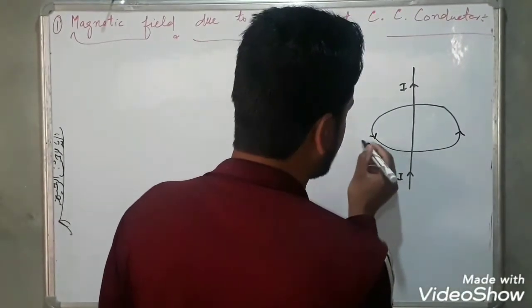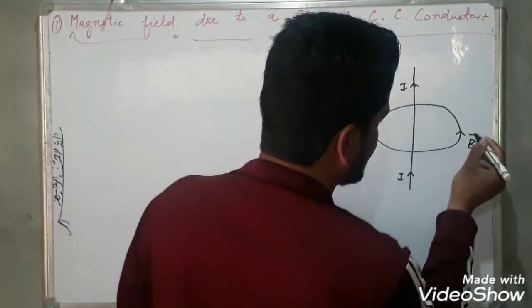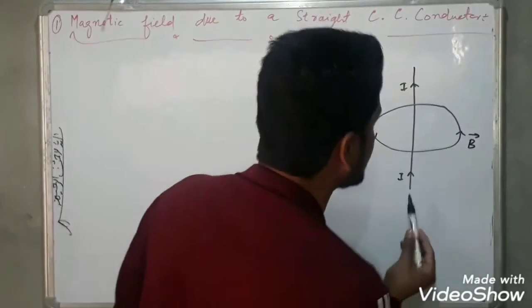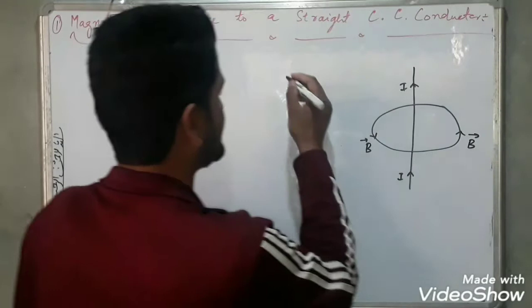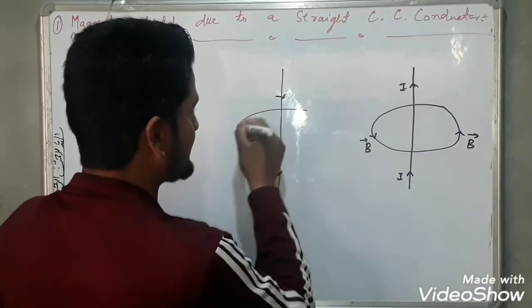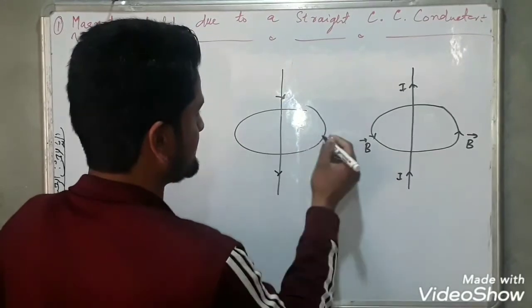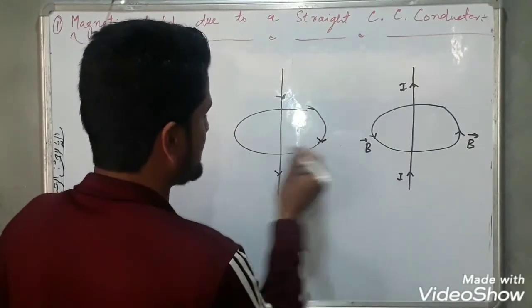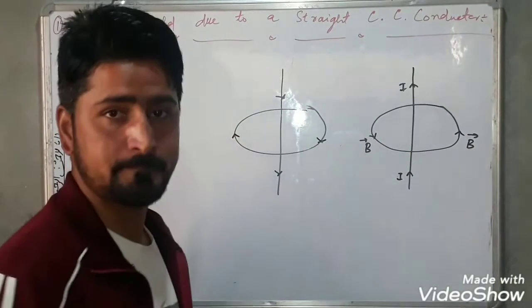This is the direction of magnetic field around a straight current carrying conductor when the current flows in this direction. If the current flows in the opposite direction, then the magnetic field direction will be clockwise like this.